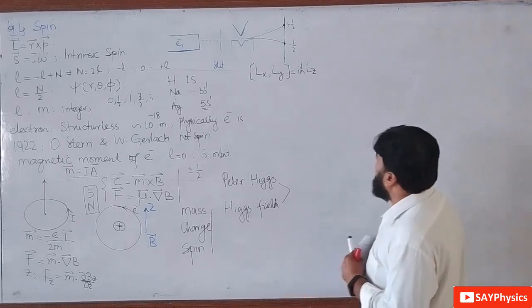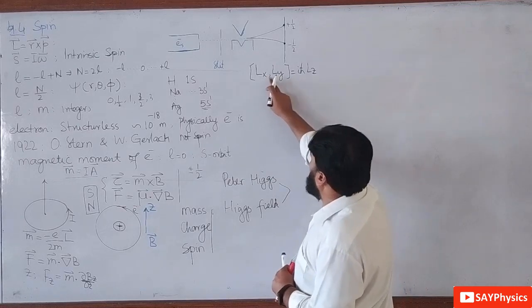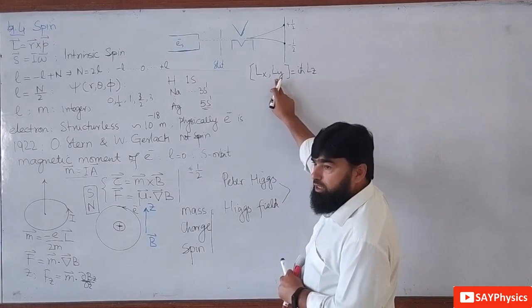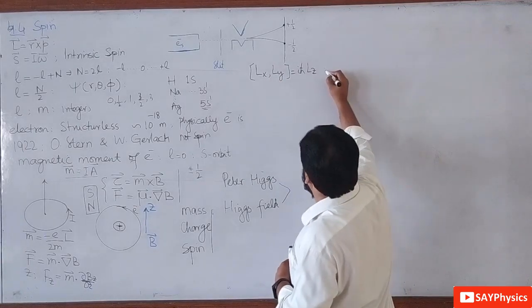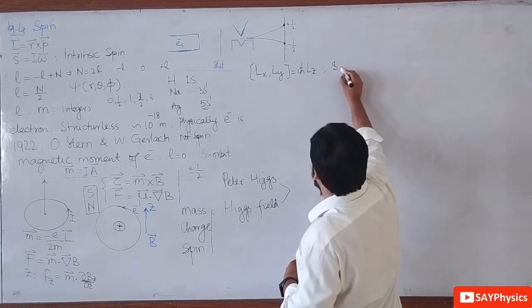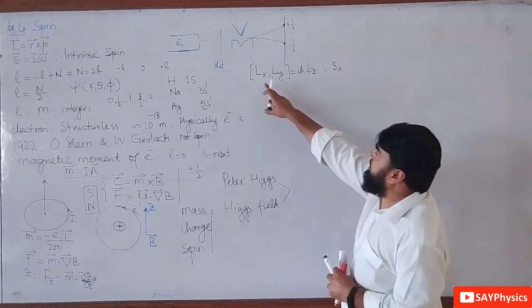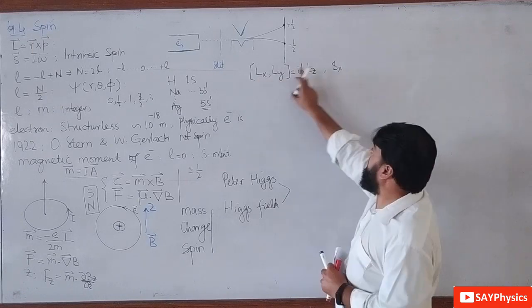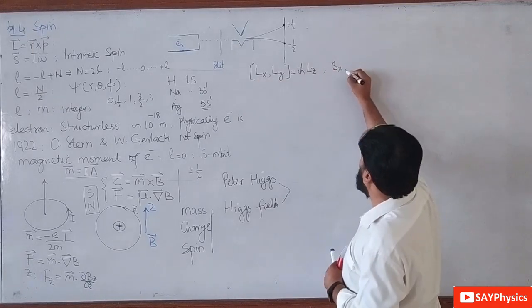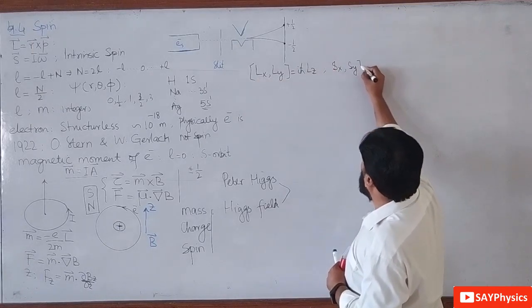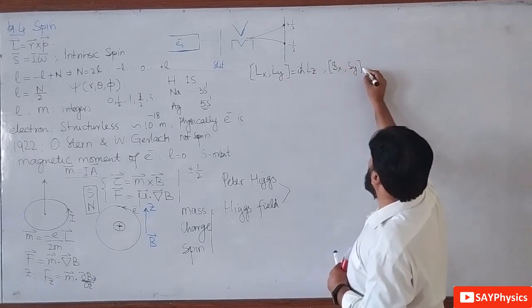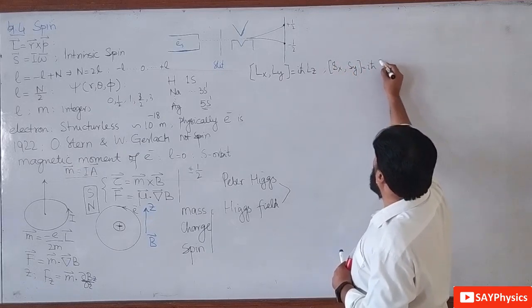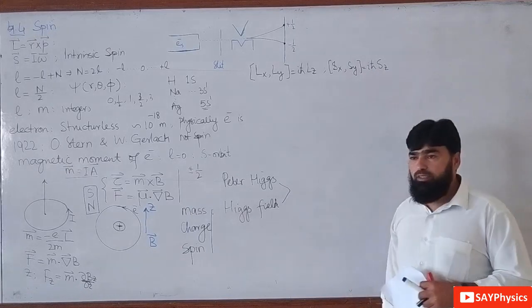So here, this we have proved already, and now the same will be true for the spin. If I represent the orbital angular momentum by L, then this is spin angular momentum: Sx, Sy will be equal to i h bar Sz.